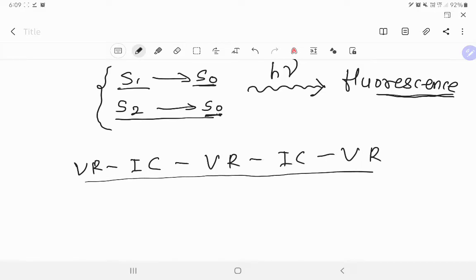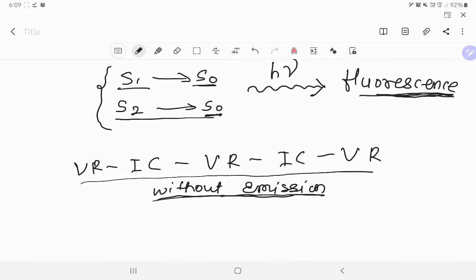The molecule may come to the ground state without emission of radiation. There may be no emission of radiation and the molecule comes to its ground state.